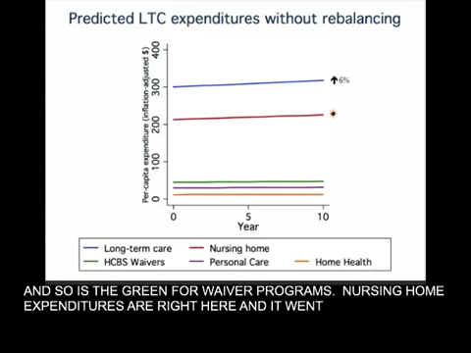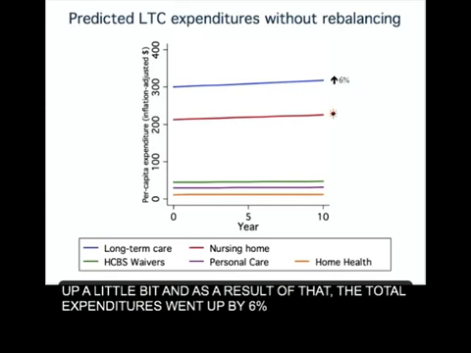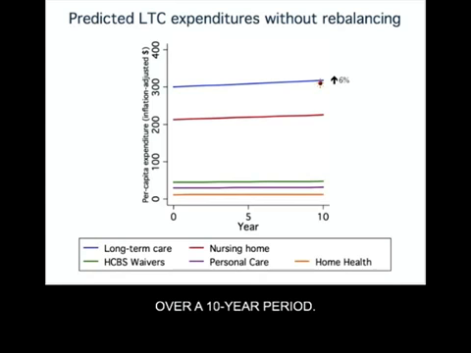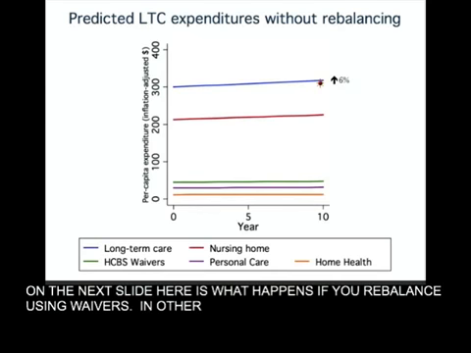Nursing home expenditures in red here went up a little bit, and as a result of that, the total expenditures went up by 6% over a 10-year period. So remember this increase of 6% over a 10-year period if you do nothing. That's what my statistical model tells me.